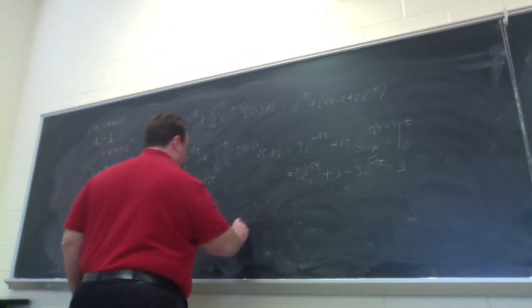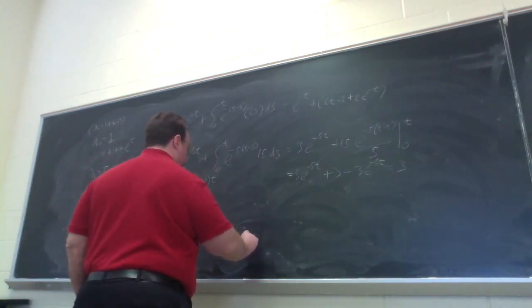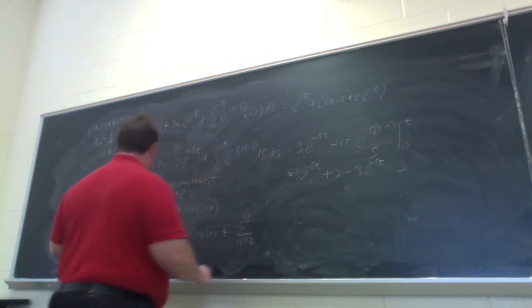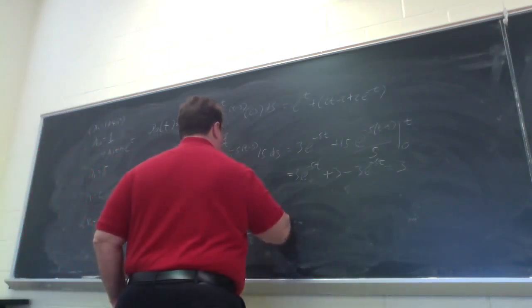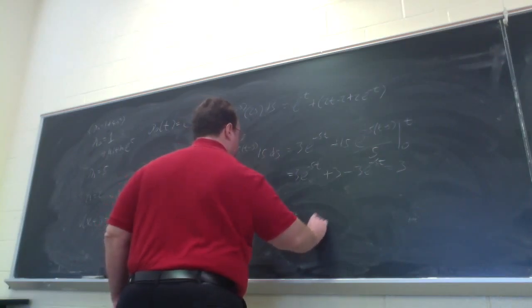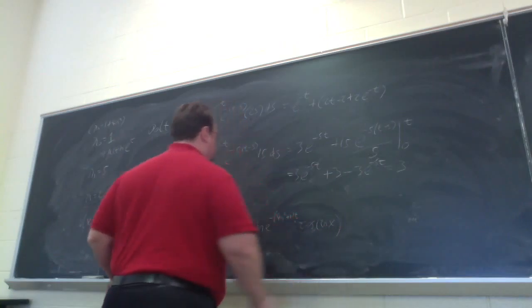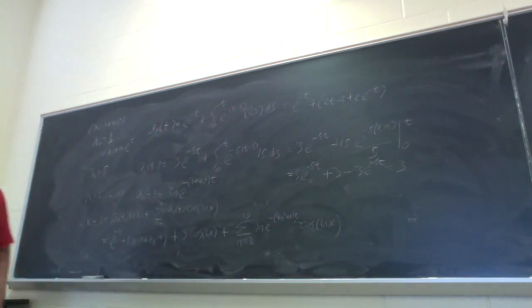And then we have a sum, n equals 2 to 10, of a n of t, so that's 3n e to the minus 4n squared plus 1 t cosine 2nx. And since all other an of t are equal to 0, that's all the terms we have. So our summation stops at n equal 10.